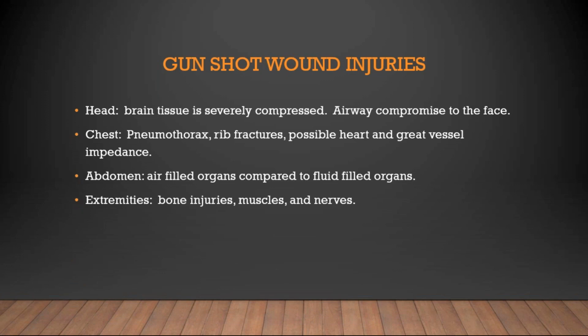With chest injuries, this is where we want to have a high index of suspicion and immediately start treating those life-threatening injuries, such as using a chest seal or an occlusive dressing in order to stop the possibility of a tension pneumothorax. And then we also talked about abdominal injuries, whether they're air-filled organs or fluid-filled organs, such as our heavy vascular organs that are comprised of mostly blood.